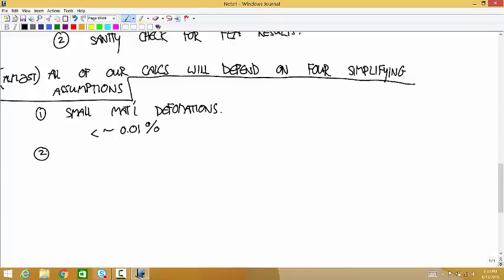Second, we're dealing with materials and applications where the relationship between stress and strain is linear.